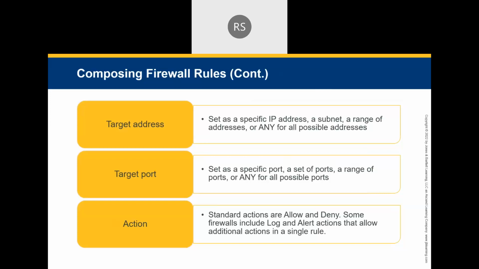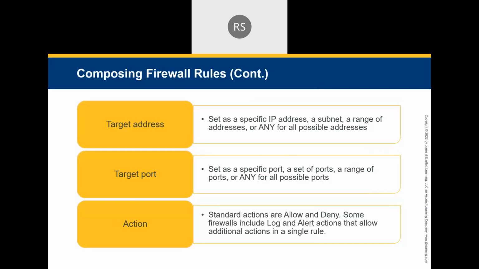Continuing into composing firewall rules, we look at the target address. Once again, it's set as a specific IP address, a subnet, a range of addresses, or any for all possible addresses. So this is the destination of the traffic. So it determines the destination or the recipient of the traffic to apply the rule.